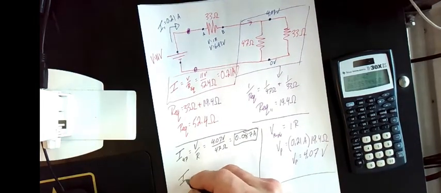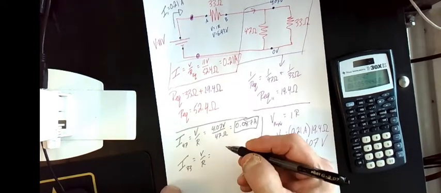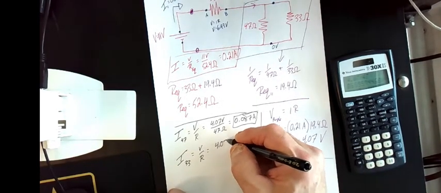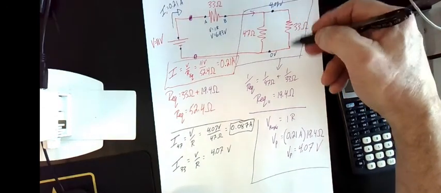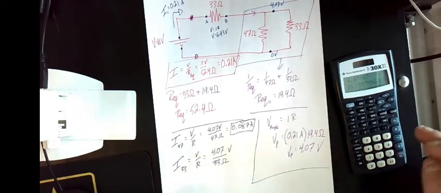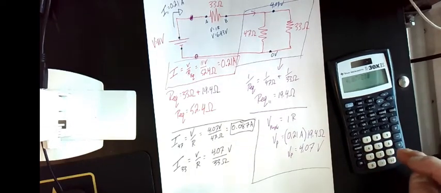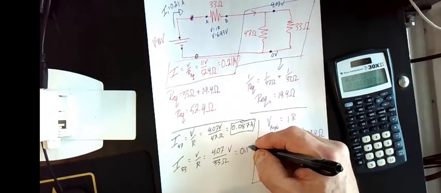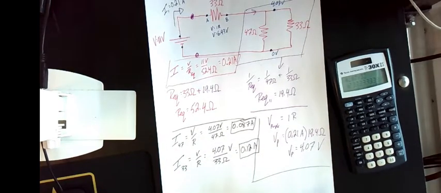The current through the 33 ohm resistor will be V over R, the V across the resistor, which is again our 4.07 volts, over a resistance of 33 ohms. 4.07 over 33 is 0.12 amps. Before we had 0.13.